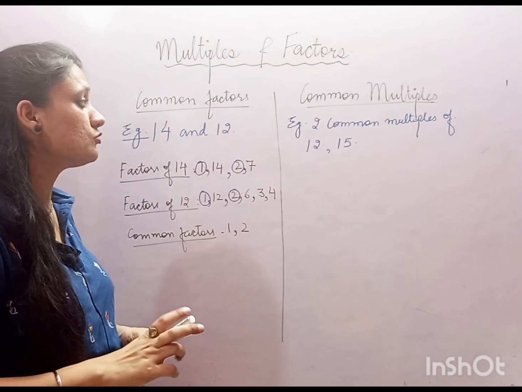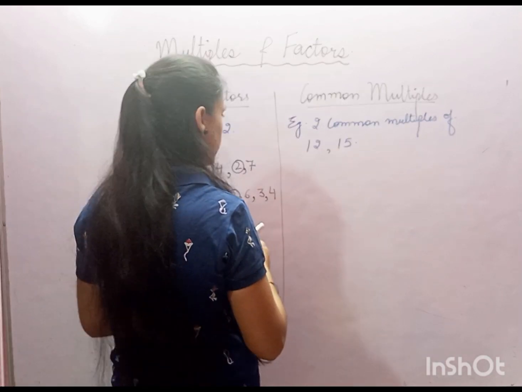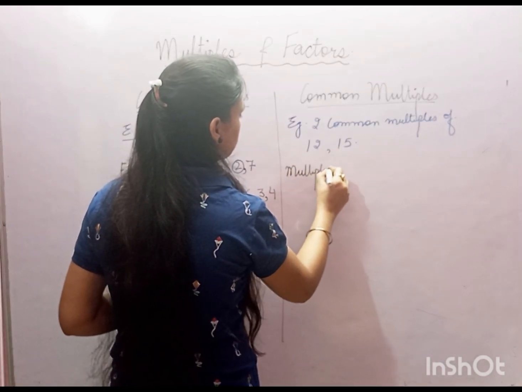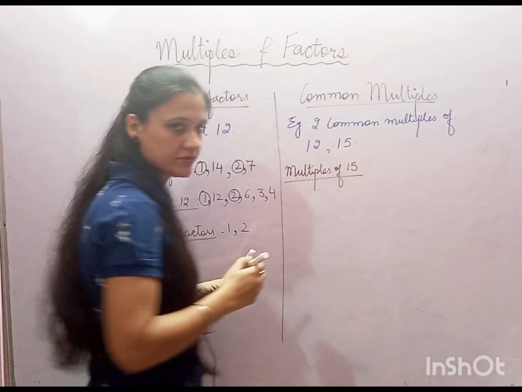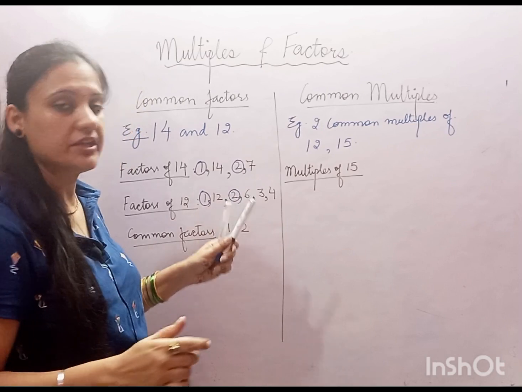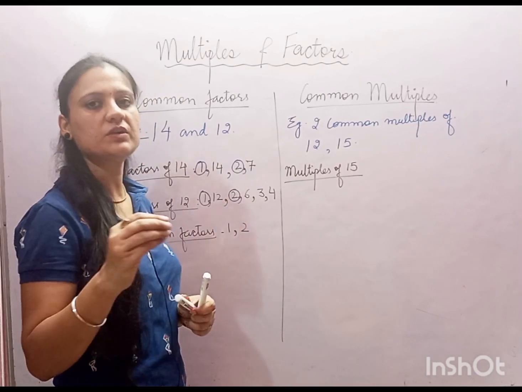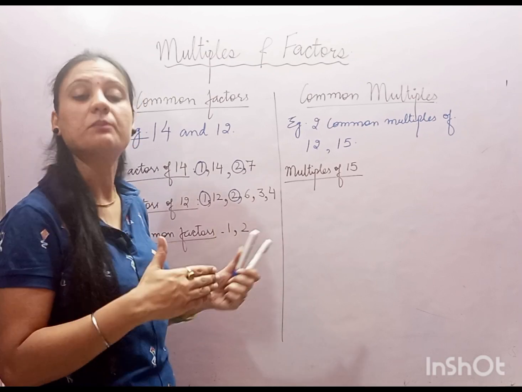So first let us find out the multiples of 15. Always take the greatest number first. I'll make you understand within a minute: only the first common multiple is important. After that, the second multiple you can find out with the help of the first one.